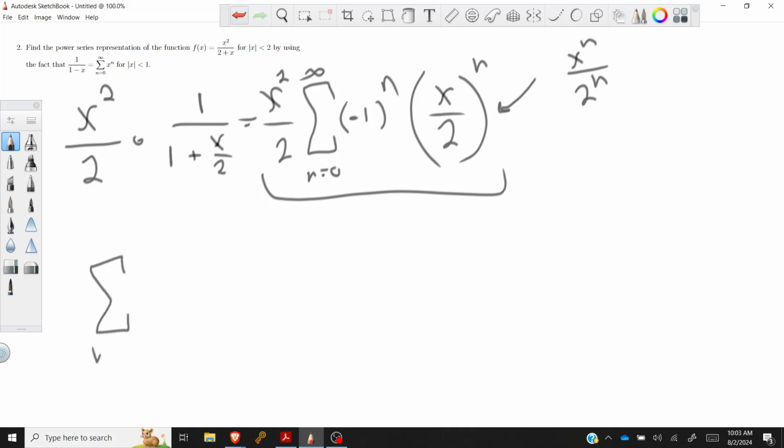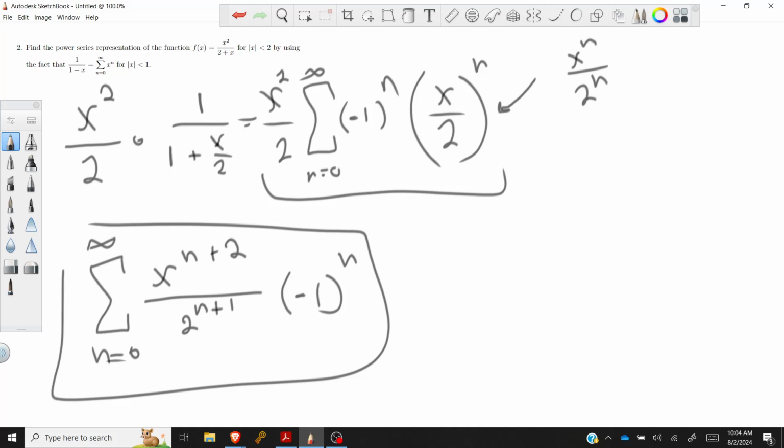So for the final answer, we're going to get n equals 0 to infinity. x to the n times x squared is x to the n plus 2. 2 to the n times 2, since they're both in the denominator, is going to be 2 to the n plus 1. And then don't forget we have that negative 1 to the n. So that is the answer for that one.